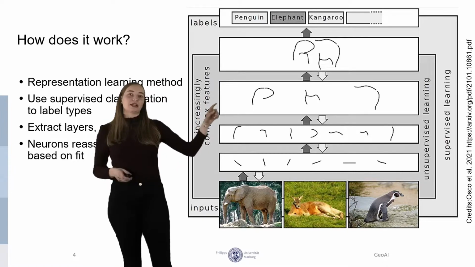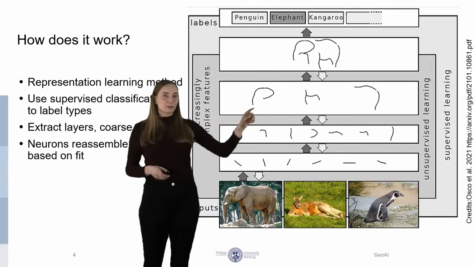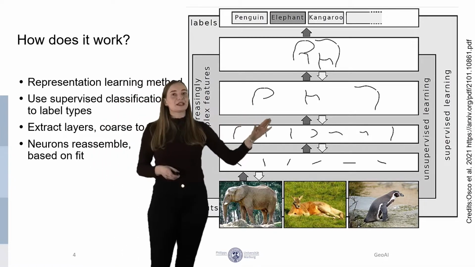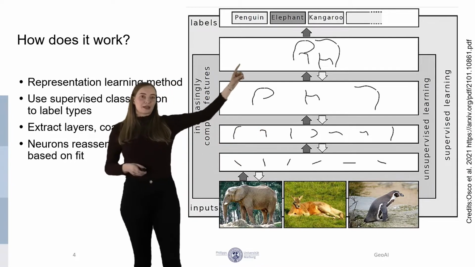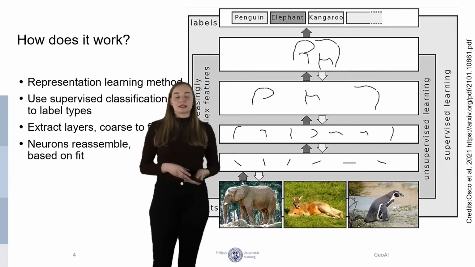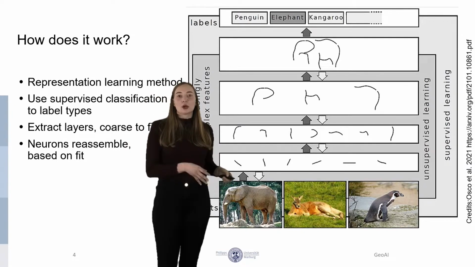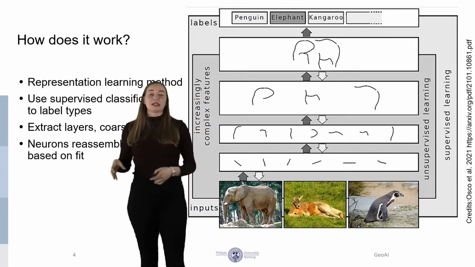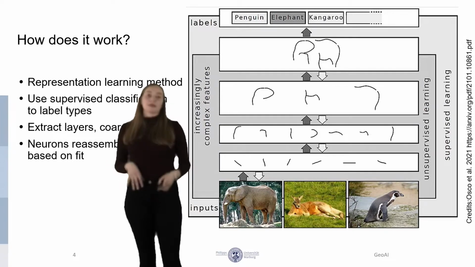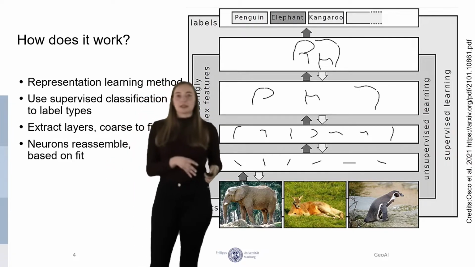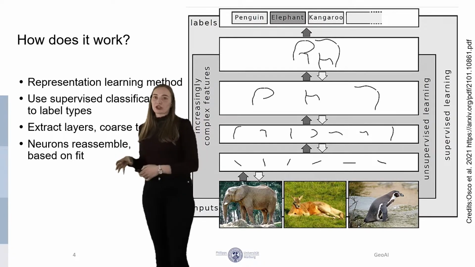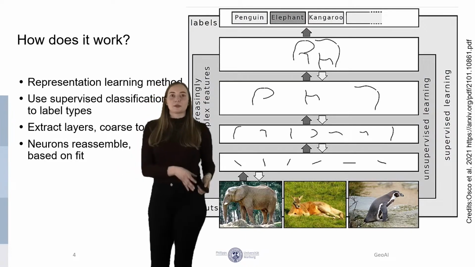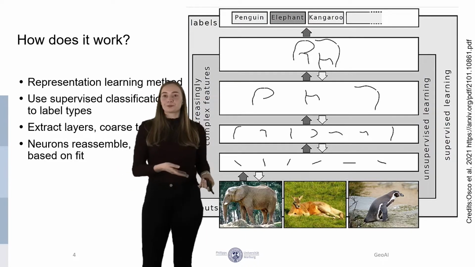In the third layer we can see some more features, but it's still not 100% clear what it is. And only in the last layer can we see that this detected object, if you put all the lines together, is an elephant. And this object then goes into supervised learning, and we classify each object, so this gets a label that says elephant.